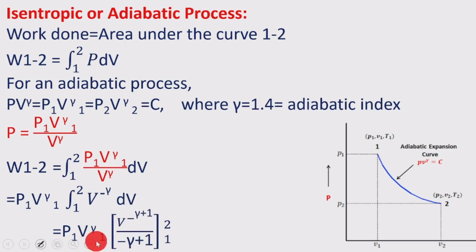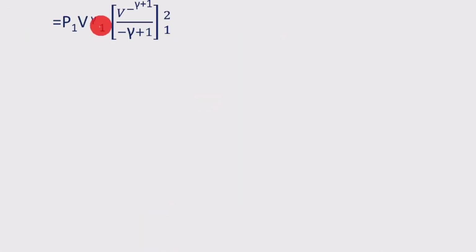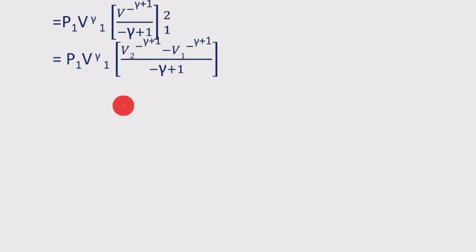Then P1 V1 raised to gamma is outside, and the integration of V raised to minus gamma equals V raised to minus gamma plus 1 by minus gamma plus 1, from 1 to 2. That expression is continued.